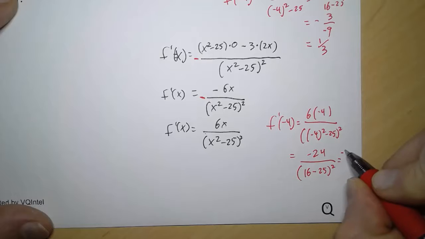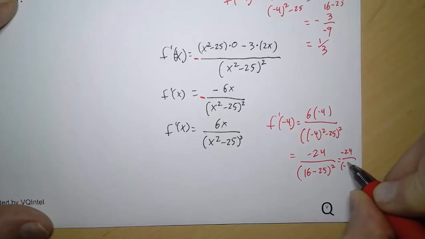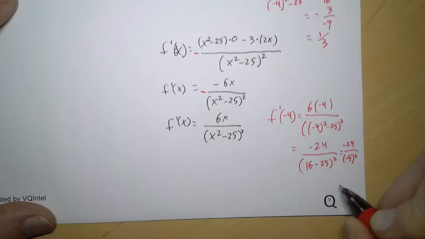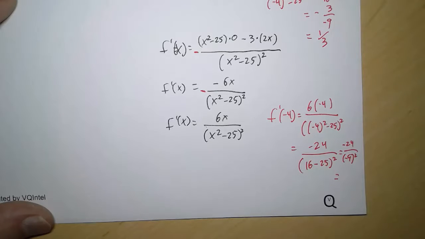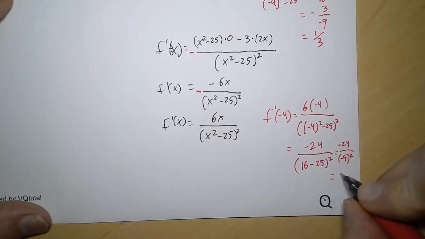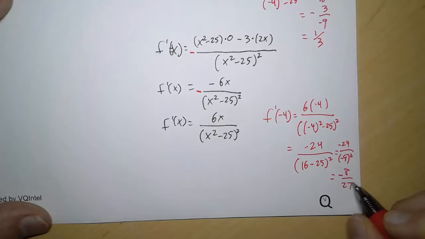So that's negative 24 over negative 9 squared. So we get a slope of negative 24 over 81. And we could simplify that. There's at least one 3. So we get negative 8 over 27. And that is the slope we're looking for.